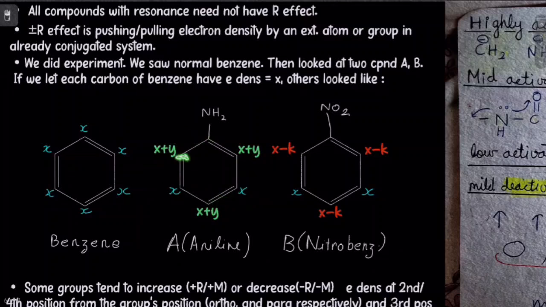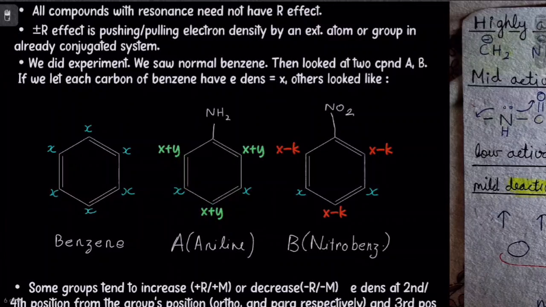This is called the ortho position, this is meta position, and this is para position. So only the carbon atoms at ortho and para positions were affected by NH2 and their electron density increased from the baseline of X.